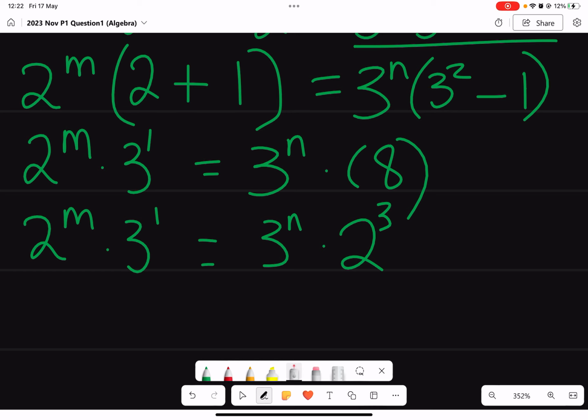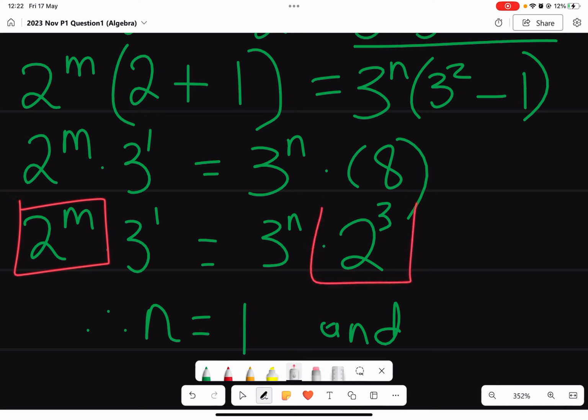Because check, this one here goes with that one. So you can see that your n is basically 1. Therefore, n equals 1. And let's check m. You can see that, okay, this one goes with that one.